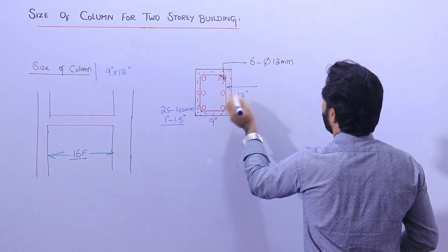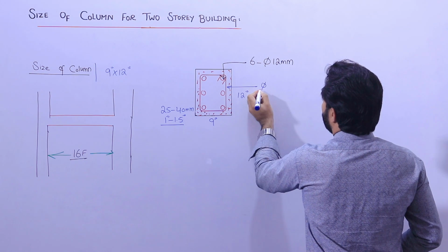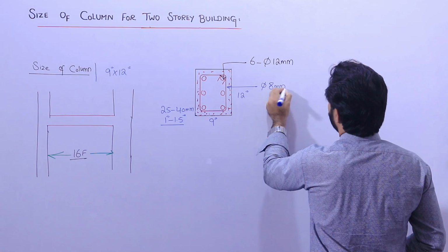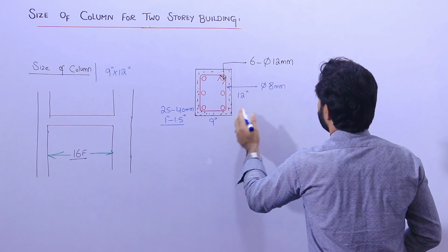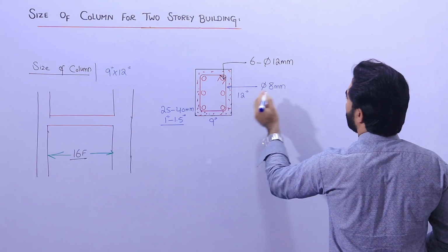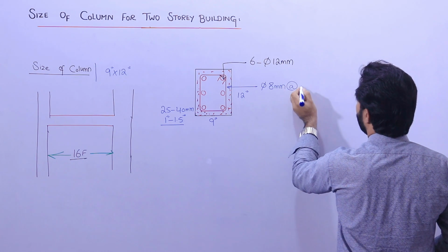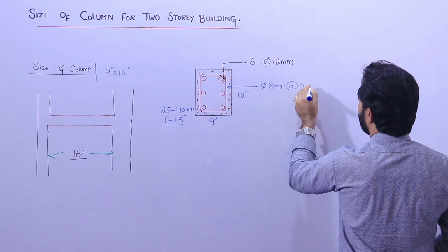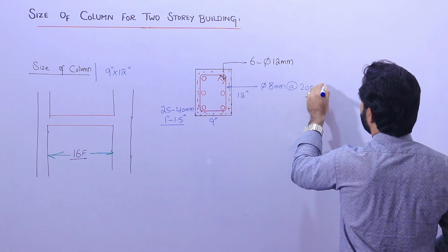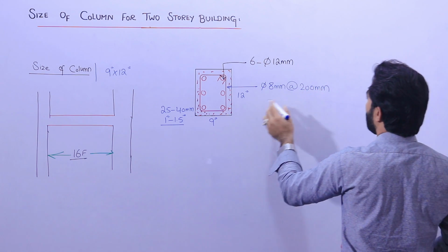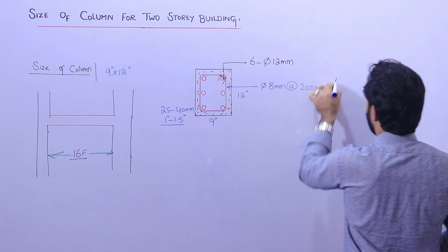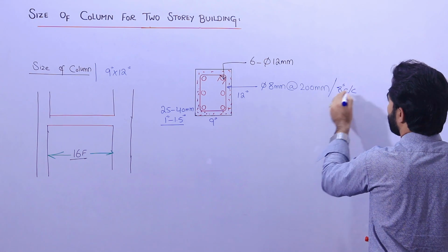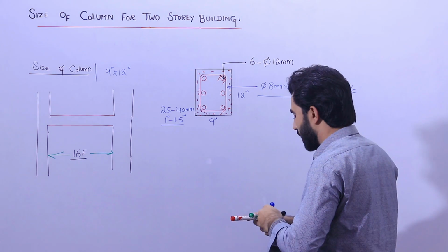The tie dia you can keep from 6 to 8 mm, with the spacing of 200 mm. 200 mm means about 8 inches C/C, center to center distance between ties, okay?